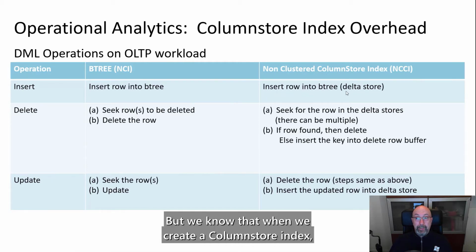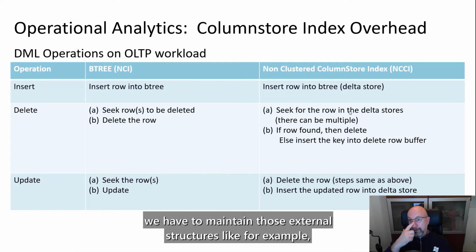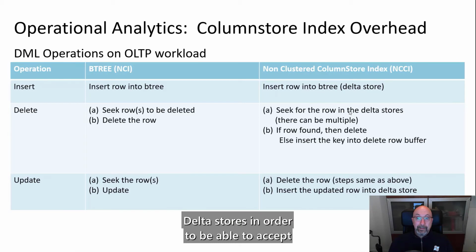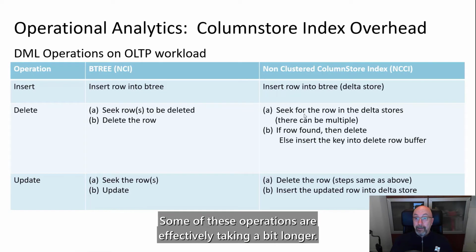But when we create a column store index, we have to maintain those external structures, like the delta stores, in order to accept changes to our column store structures, right? And some of these operations take a bit longer.